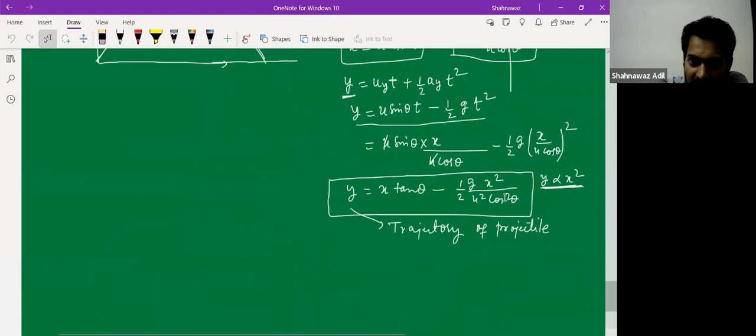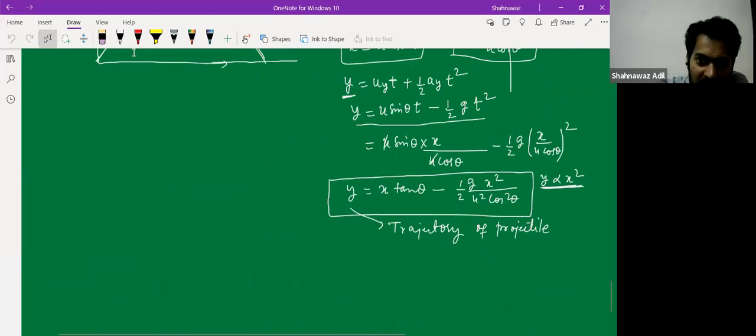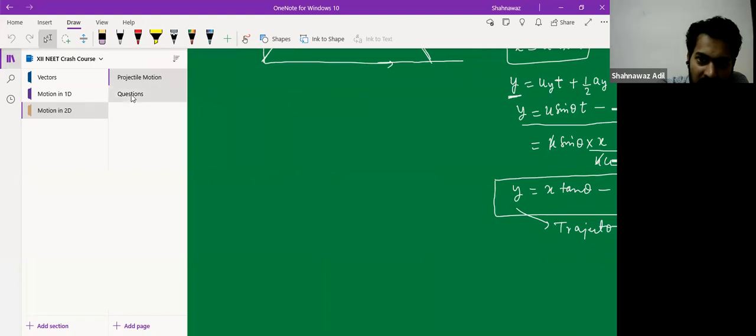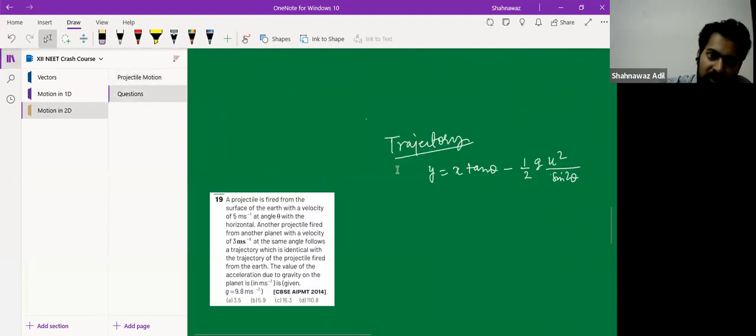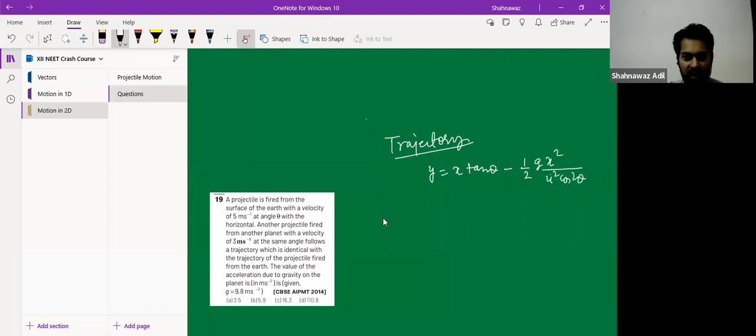Yes, so x square by u square cos square theta. So half g x square by u square cos square theta, right?